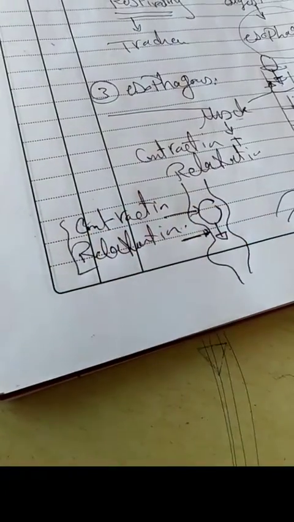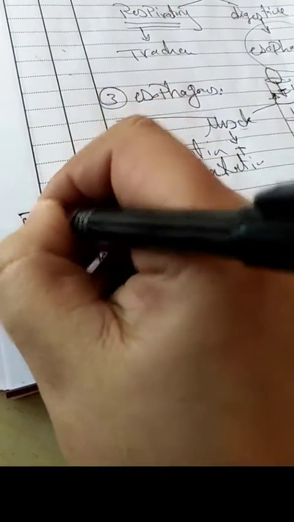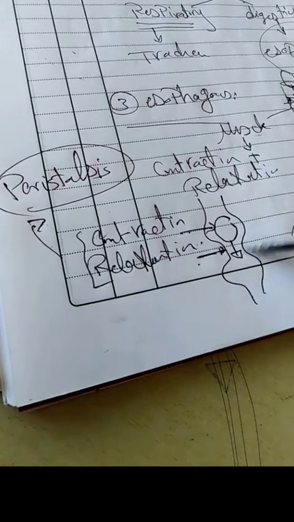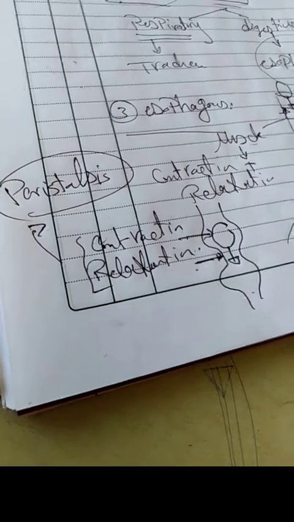The group of contraction and relaxation is named peristalsis. So peristalsis is a group of contraction and relaxation of the esophagus muscle to move the bulk of food from the mouth to the stomach. This is the esophagus.